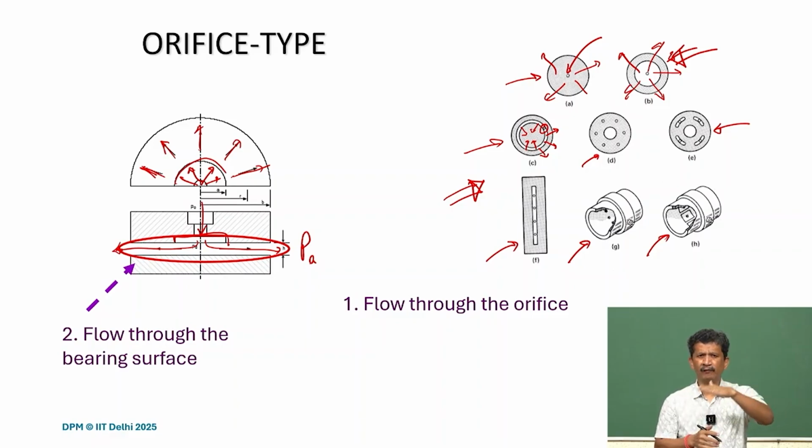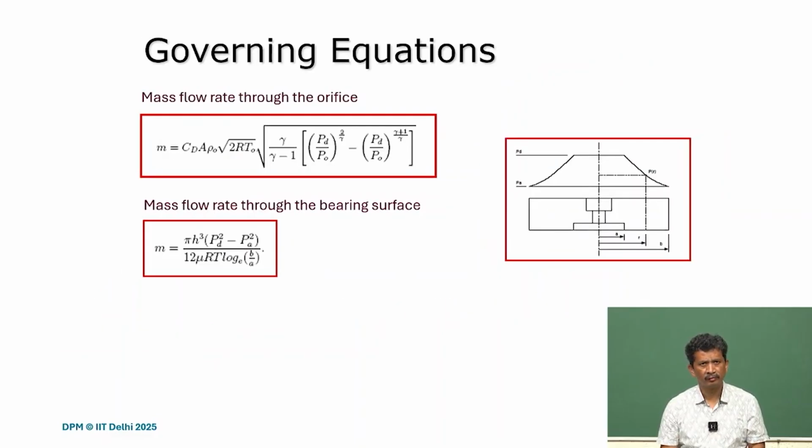And when there is any fluctuation in the load, any dynamic load acting, how these restrictors play a role, I think that is the key to understanding the working principle of these air bearings. So we'll try to understand this part in a little more detail, and also try to understand how we calculate the load bearing capacity and how the stiffness changes.